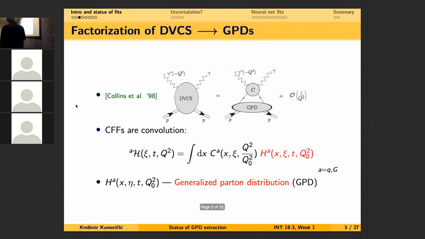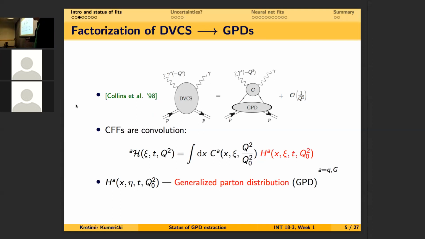As you know, the Compton form factors factorize into the convolution of the known perturbative coefficient function and the GPD, which is the final goal that we are aiming for.